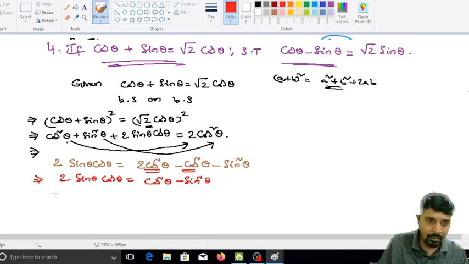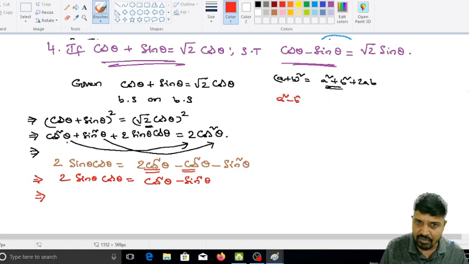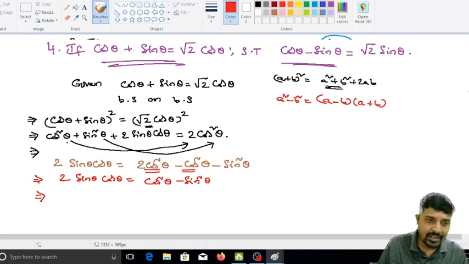Okay, now this cos square theta minus sin square theta is in the form of a square minus b square. So what is the formula of a square minus b square? A minus b times a plus b. So we can write it as this one.